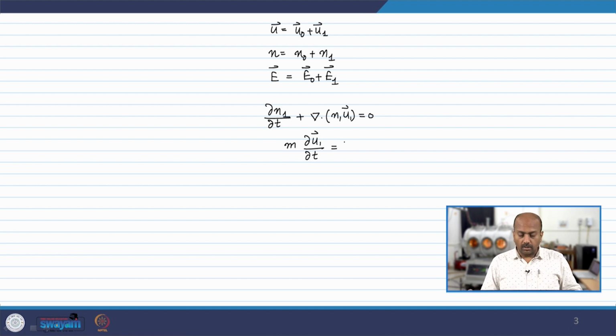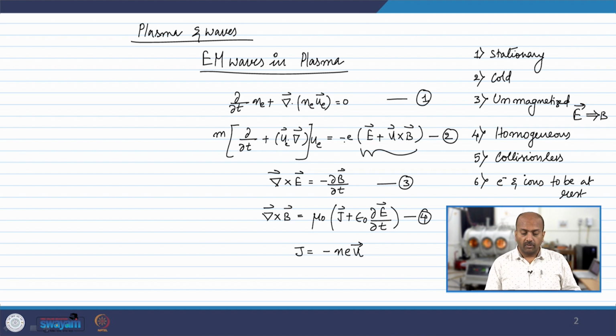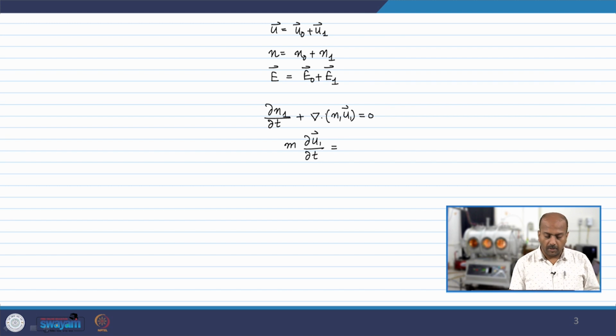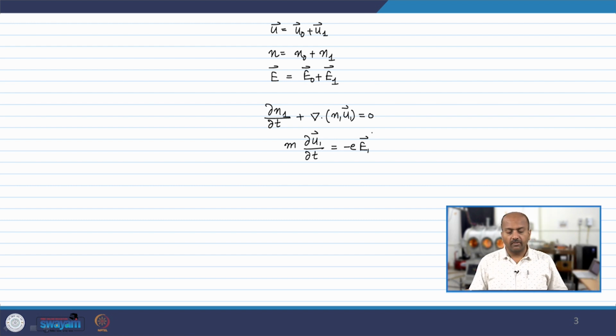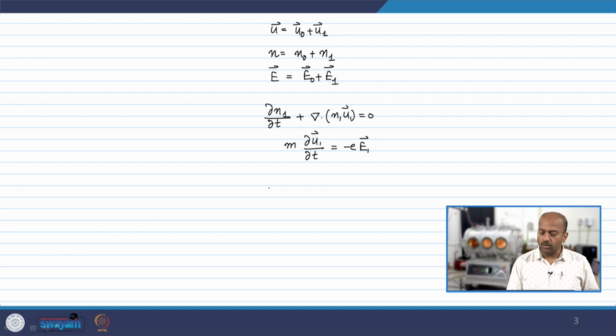Here the advection term is removed from the convective derivative, so this is made to be 0. We have the remaining term here, and the electric field is written as E₁, and the magnetic field is not taken into account because of the initial assumptions.